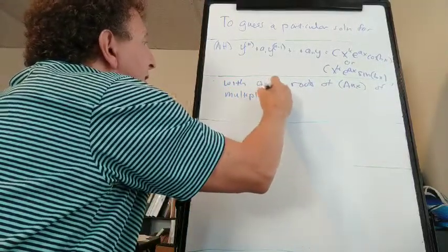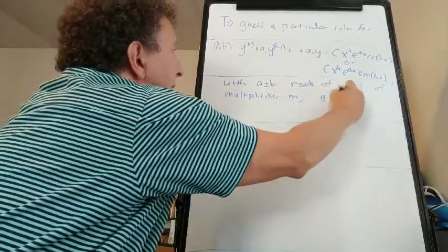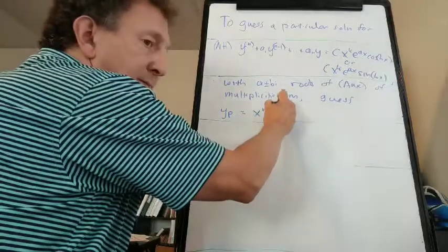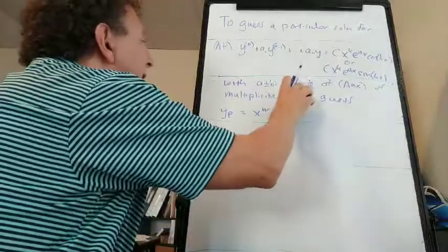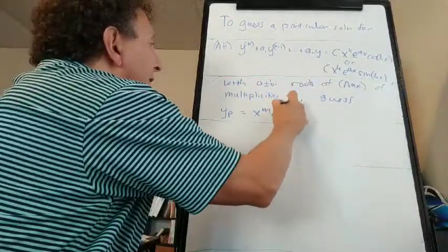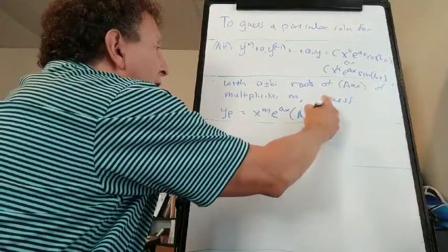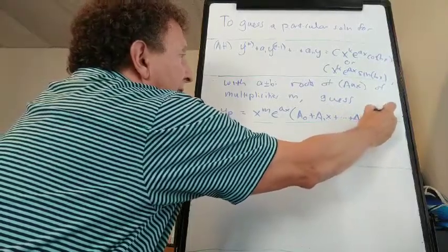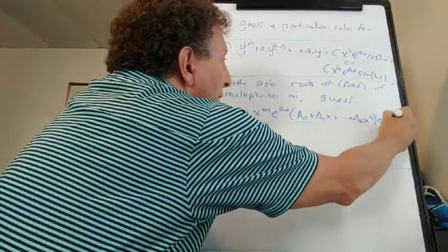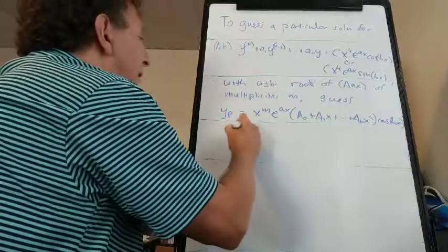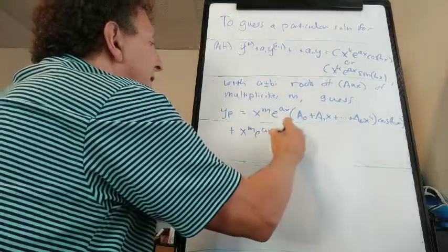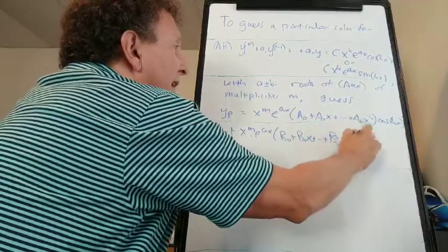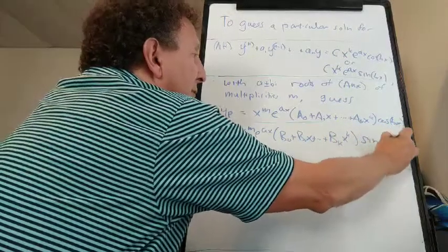of multiplicities m, we're going to guess yp equals x to the m e to the ax (a naught plus a1x plus up to ak x to the k) cosine bx plus x to the m e to the ax (b naught plus b1x, etc. up to bk x to the k) sine of little bx.